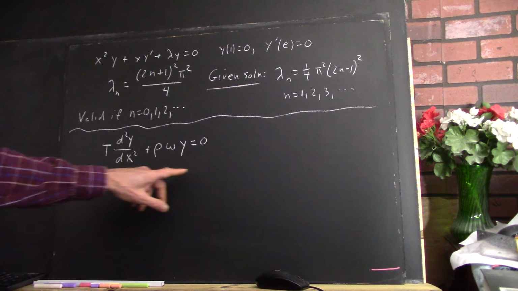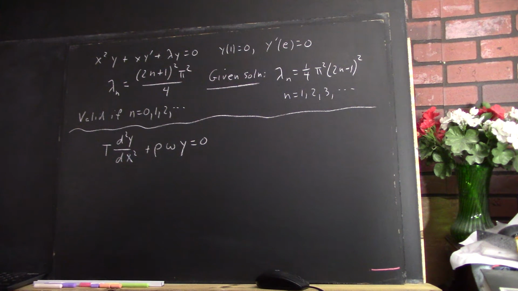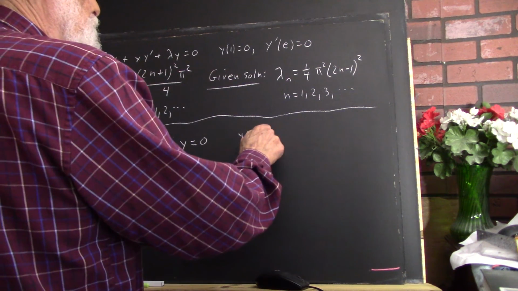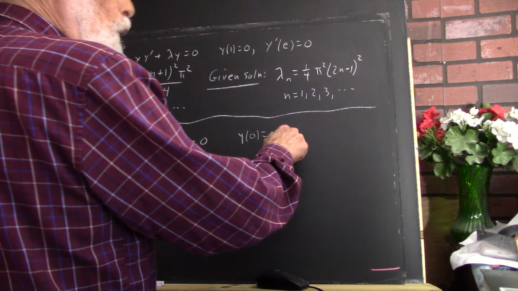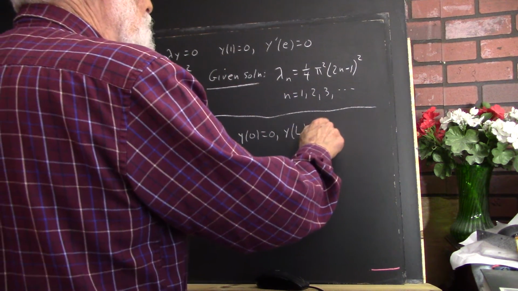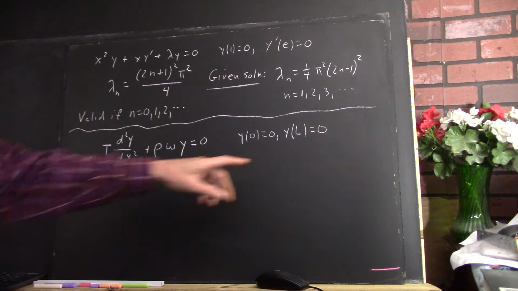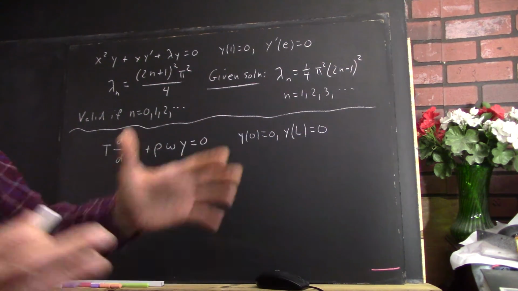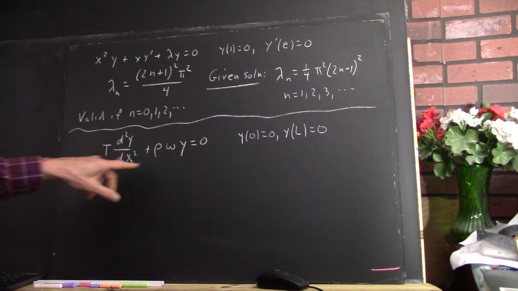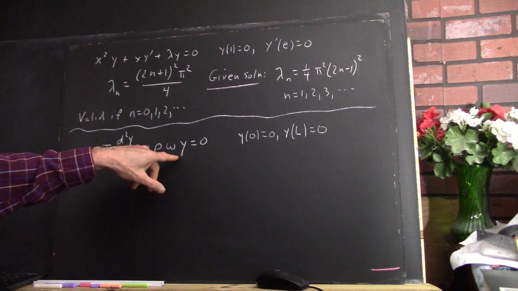So here's your equation. You got y of 0 equals 0, and y of L equals 0. Now remember, this is the way we're usually going to write it if you've got a string of length L. So this is your tension, this is your density, and this is omega.